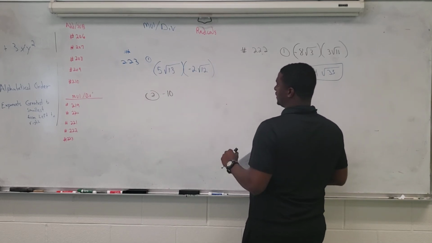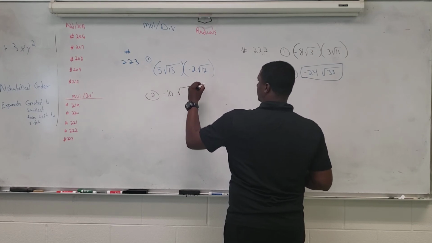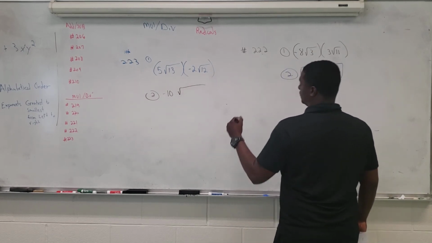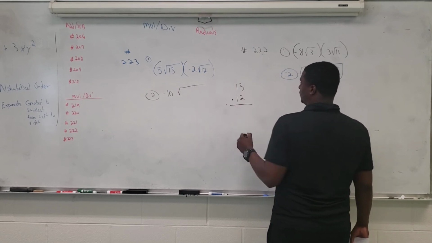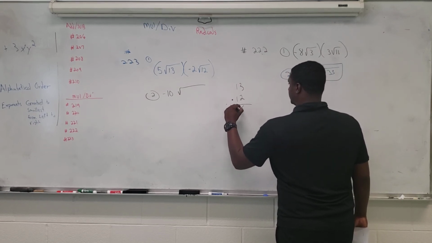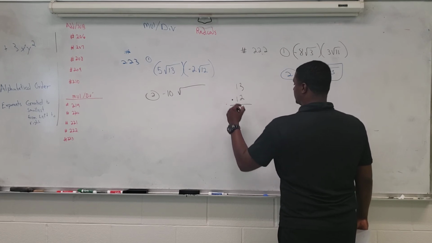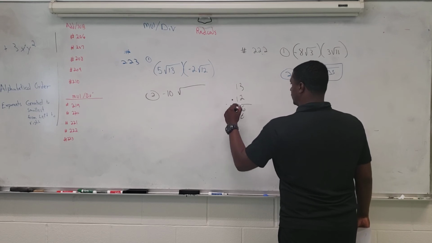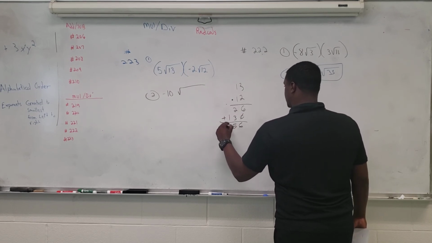Five times negative 2 is negative 10. Times the square root of, let's do that multiplication, 13 times 12. I believe it's 156, but let's just make sure. 2 times 3 is 6. 2 times 1 is 2. Placeholder. 1 times 3 is 3. 1 times 1 is 1. So that's 156 like I thought.